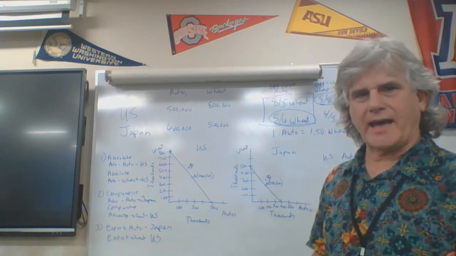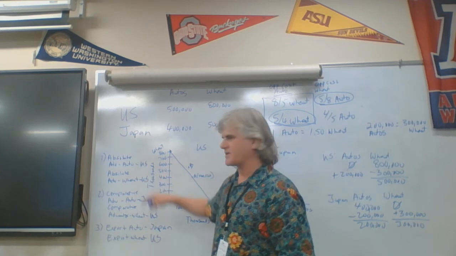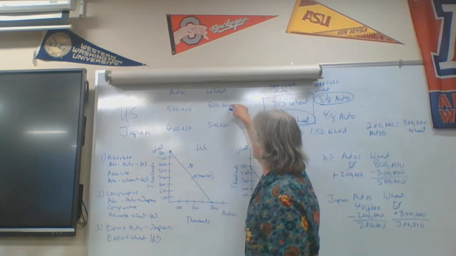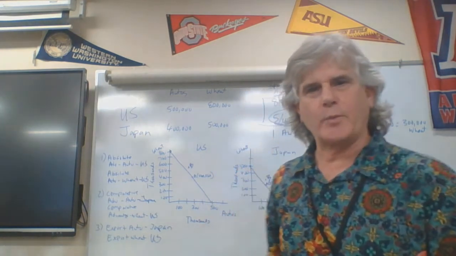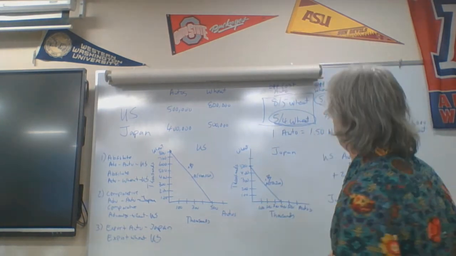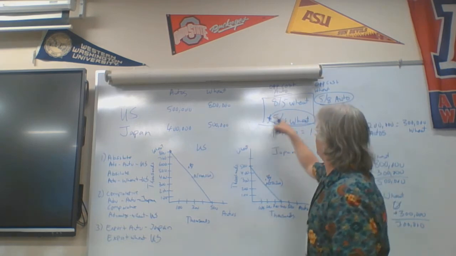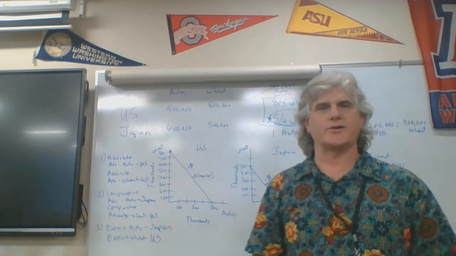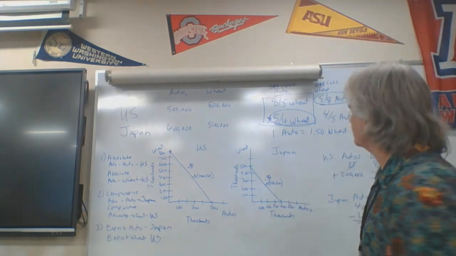So just to recap here, the United States has the absolute advantage in autos and absolute advantage in wheat because the numbers are higher. Then we look at who has the comparative advantage. Japan has the comparative advantage in autos because 5/4 is less than 8/5.